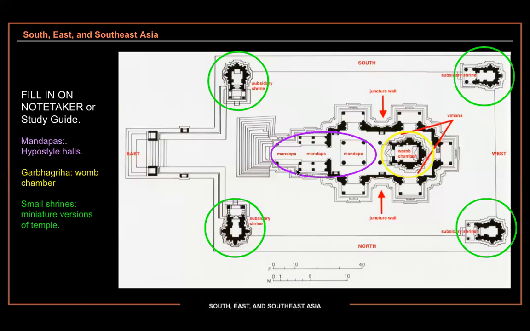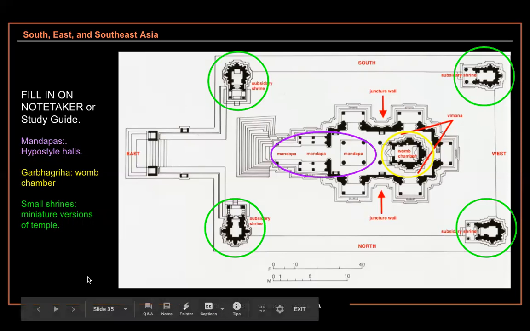You see some posts as well as some columns holding up the roof. You have our garbhagriha, or the womb chamber, where the god image is going to be. And then we have those subsidiary chapels on the sides. From this diagram, you can really see that they are just smaller versions of the larger shrine itself. I would say this whole thing is considered the temple.